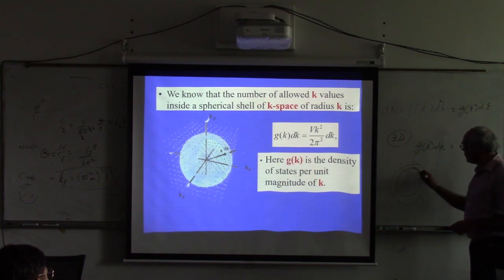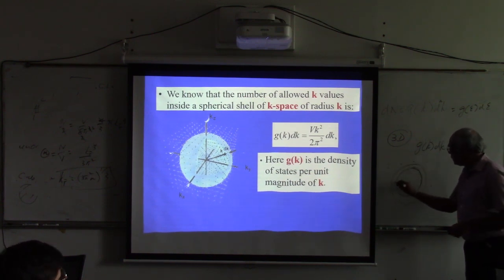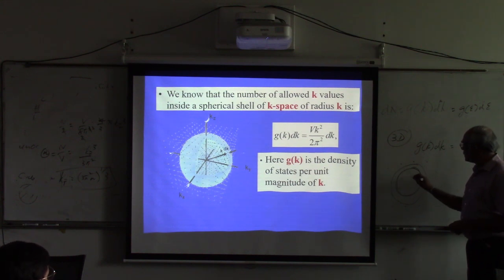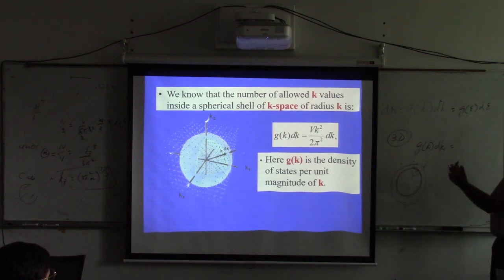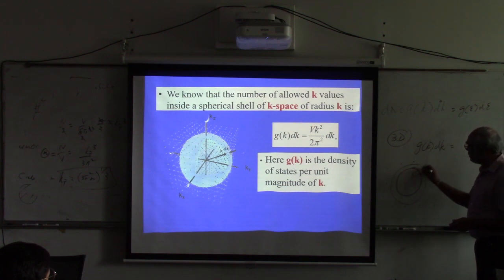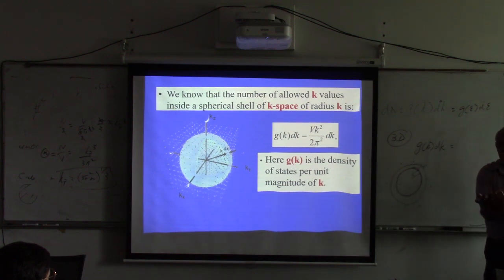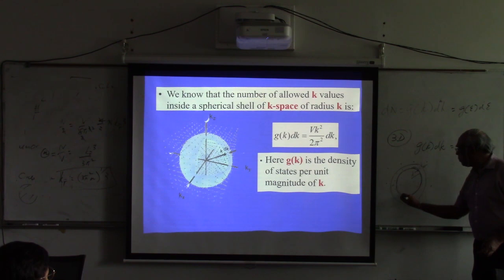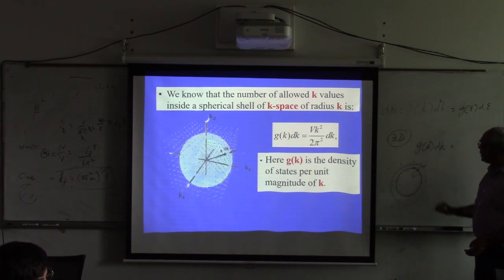If I take a sphere with radius k, and then a second shell, k plus dk, then in this region you have these k points.